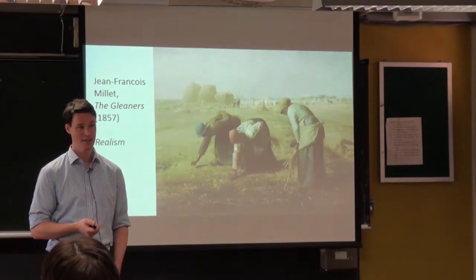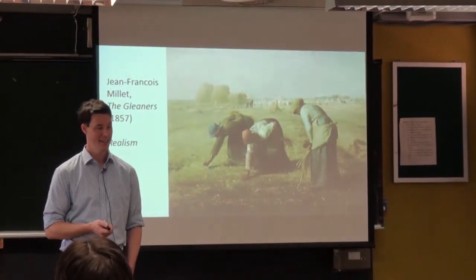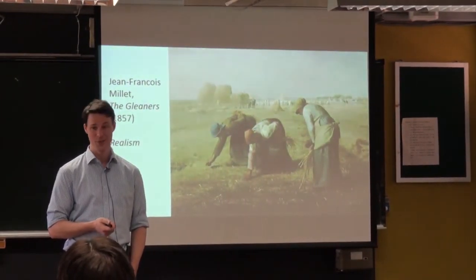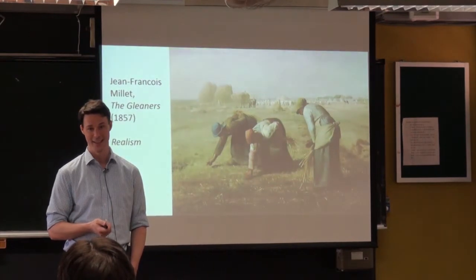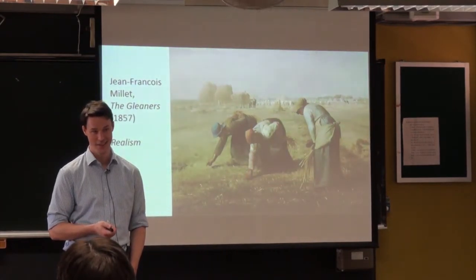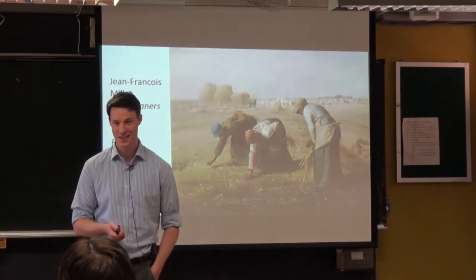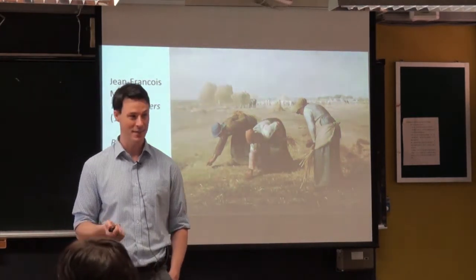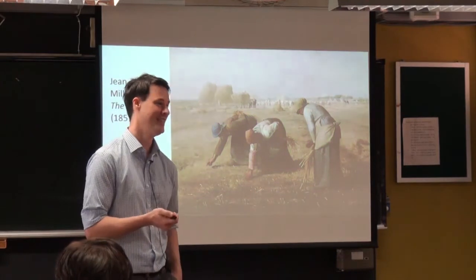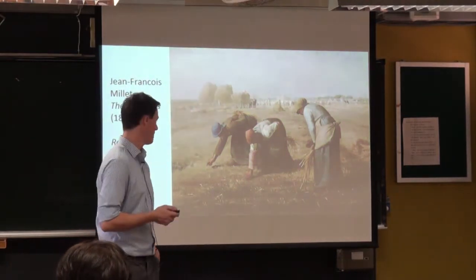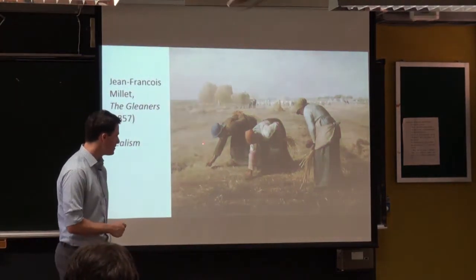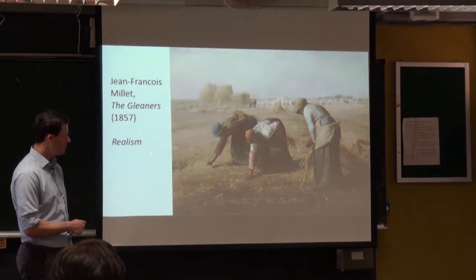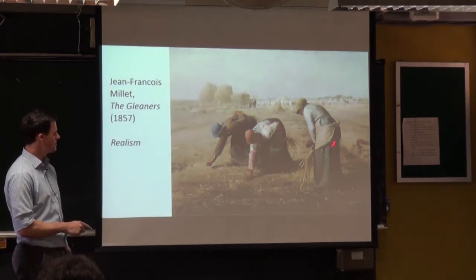Maybe he's trying to suggest that working out in the field is a little bit boring, right? It's not full of bright colors if you're out in the field picking wheat all day long. So maybe that's why he uses a lot of dull and neutral colors in this painting.